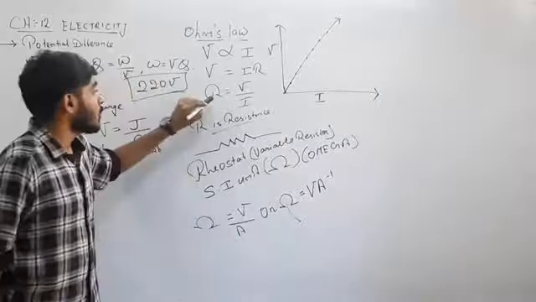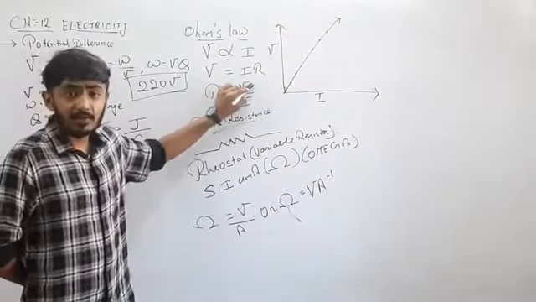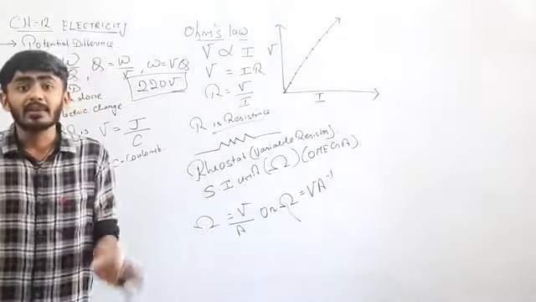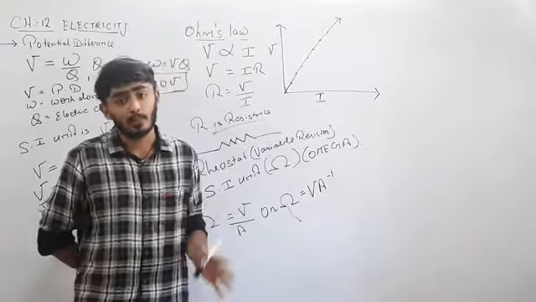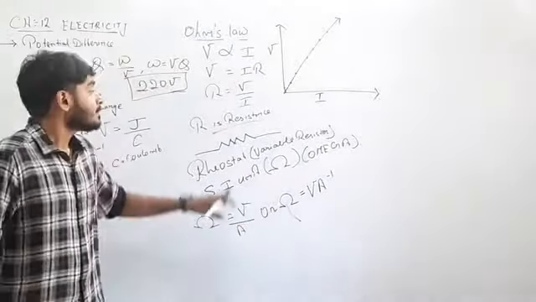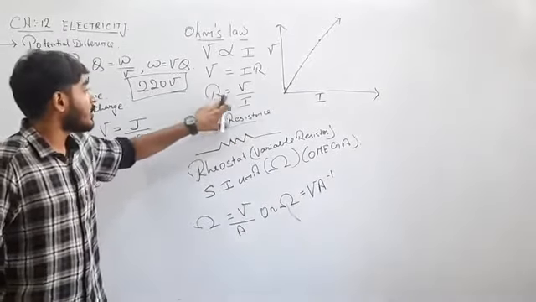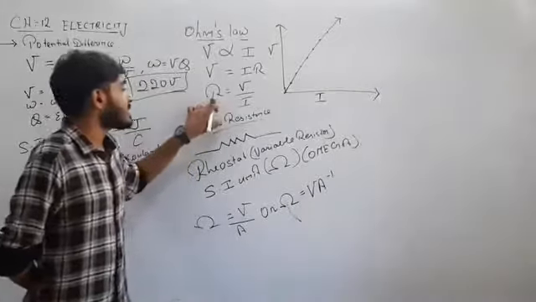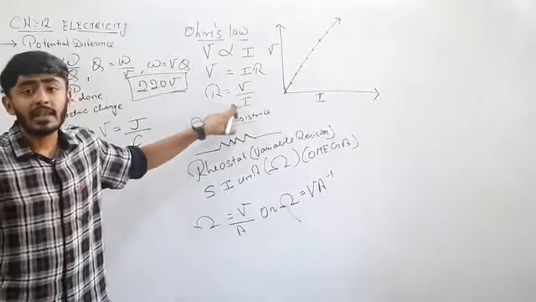Fine. But over here you can see that resistance is directly proportional to voltage, but inversely proportional to electric current. Anything which is in the denominator form is said to be inversely proportional. So here R is equal to V upon I. If the resistance increases, potential difference increases, but the electric current decreases.